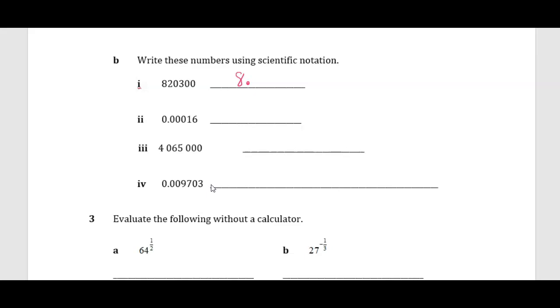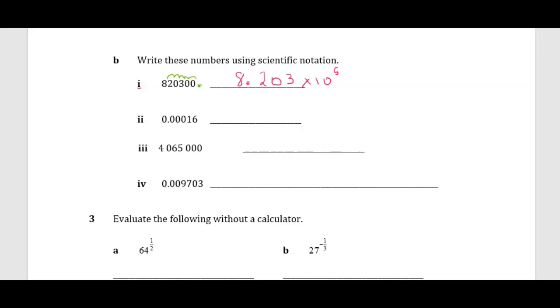So we only have a single digit and then our decimal, and then any numbers after that until we get to the last non-zero. All right, and then count up how many decimal places your decimal point has moved. So it's gone 1, 2, 3, 4, 5. So it's going to be times 10, and the number is a big number, so it's going to be a positive power.